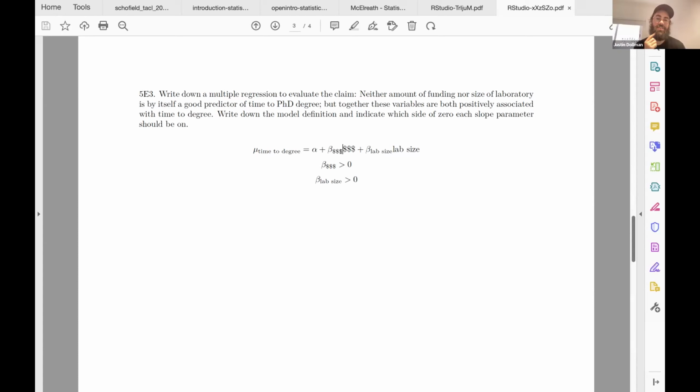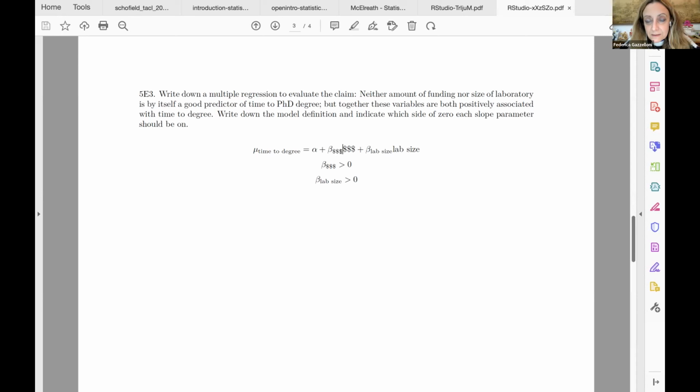Yeah, so a lot of mysteries. Go ahead, Federica. I was saying, can you put an interaction term? You could. It says neither amount of funding nor size of laboratory is by itself a good predictor of time to PhD degree.